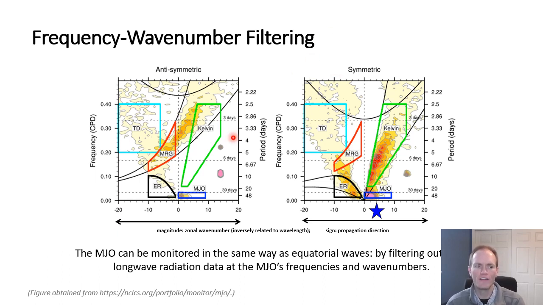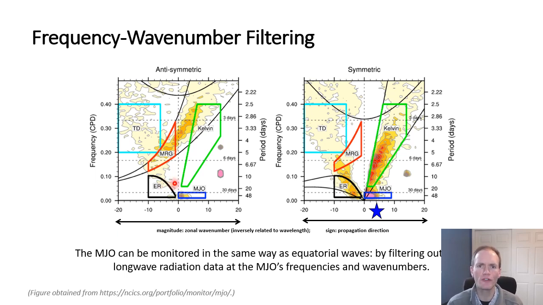We identified that we could see Kelvin waves on the symmetric side here, moving to the east at relatively large wave numbers, but with a wide range of allowable periods, between about 3 and 10 or more days. We also had equatorial Rossby waves that moved to the west at relatively small wave numbers and very long periods, and mixed Rossby gravity waves that moved also to the west with an antisymmetric structure across the equator and relatively short periods compared to the equatorial Rossby waves.